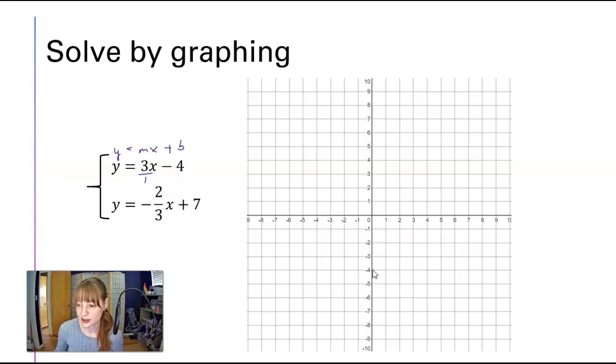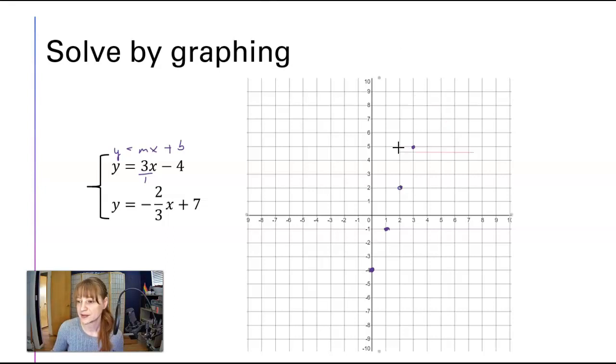So we go to our y-intercept, we make a dot there, negative 4. And then we use the slope to make our next dot. We go up 1, 2, 3, and right 1. And we get a dot there. We can continue going up if we want. Up 3, right 1. And all of those dots will form a line.